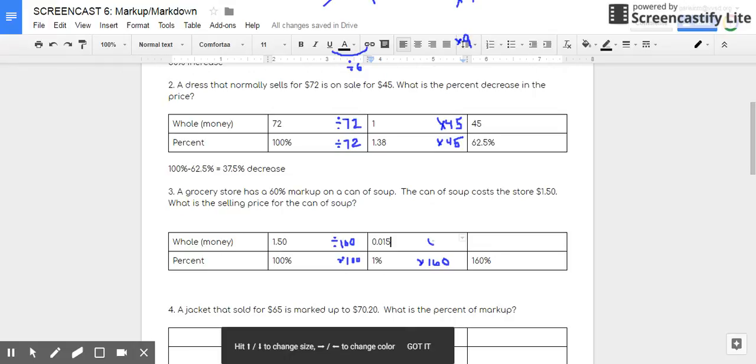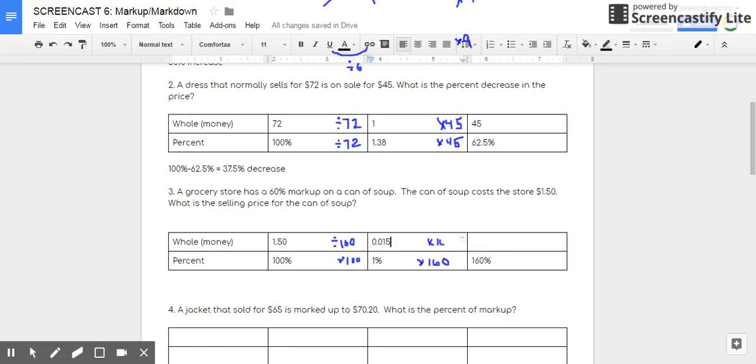Whatever we do in the denominator, we have to do in the numerator. Now we're going to take our decimal and multiply it by 160, and we get 2.4 or $2.40. So now going back to the original question, what is the selling price for the can of soup? So we're looking for the 60% markup of the can of soup. So 160% represents $2.40.